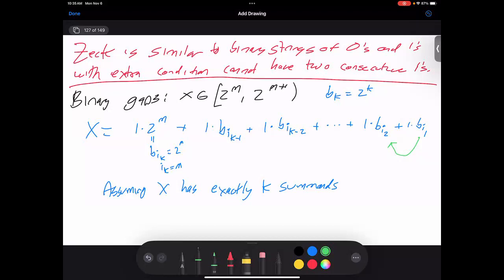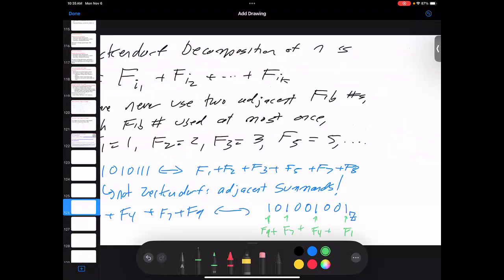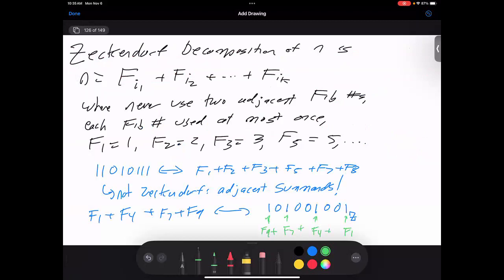Why 1? That would mean they would have to be adjacent. If we go back over here, we have i_1 equals 1, i_2 equals 4, i_3 equals 7, i_4 equals 9.